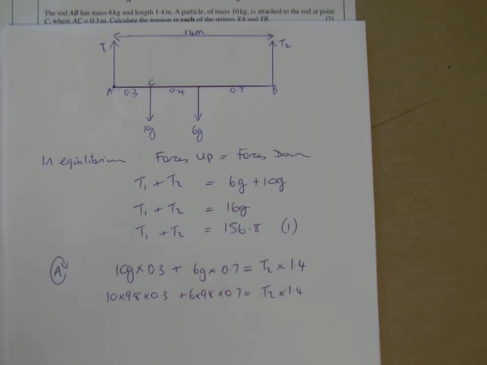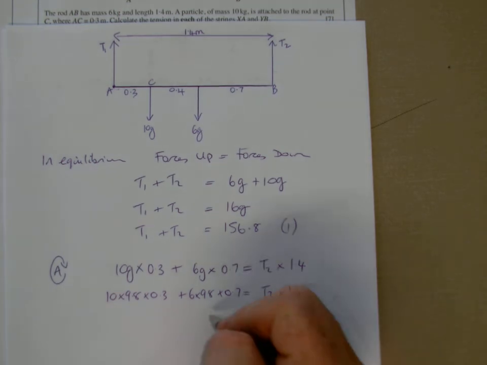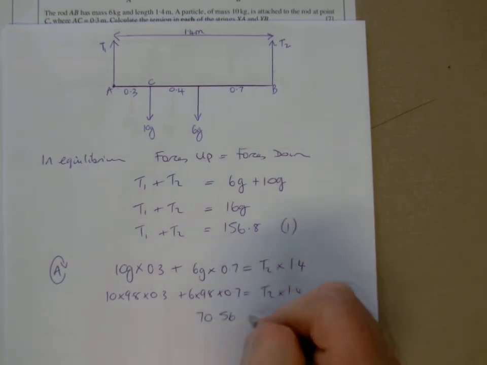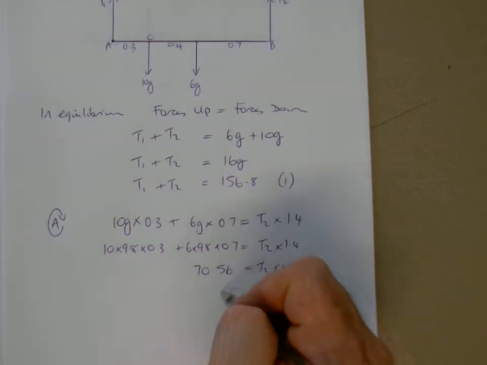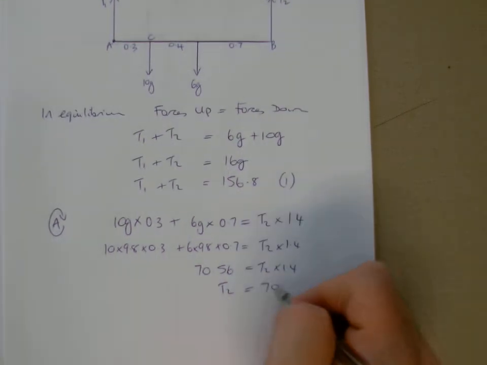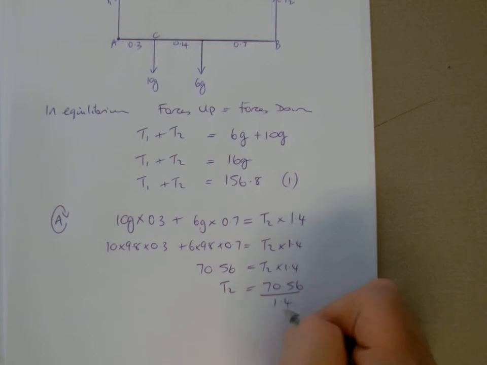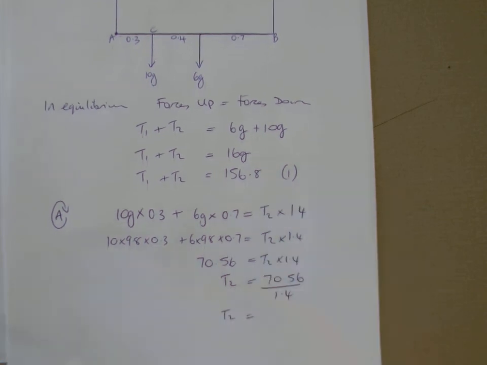So I can work all that out. We get 70.56, which equals T2 times 1.4. So to get T2, I'll do 70.56 divided by 1.4.